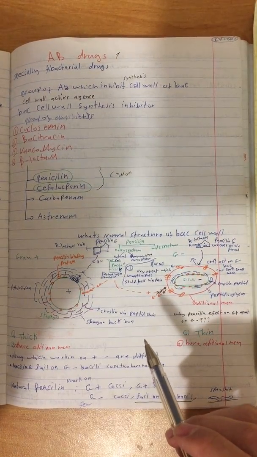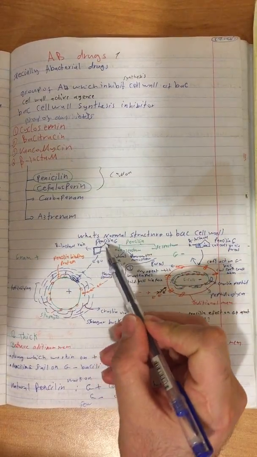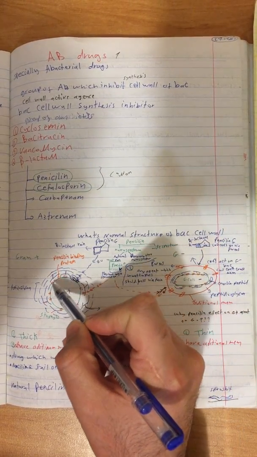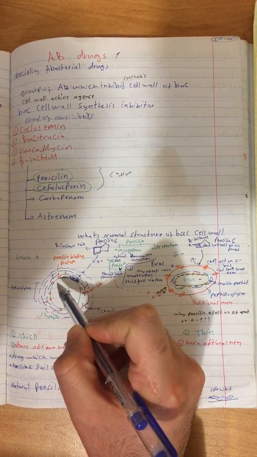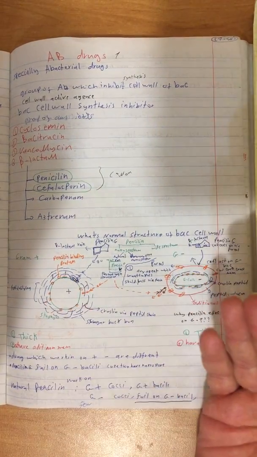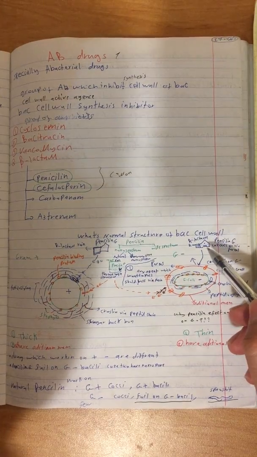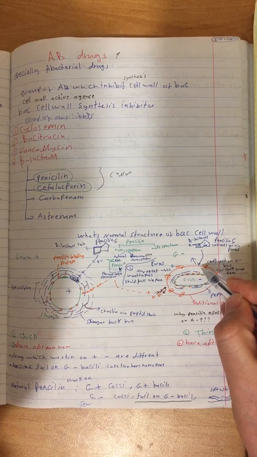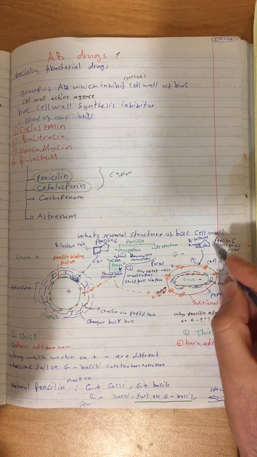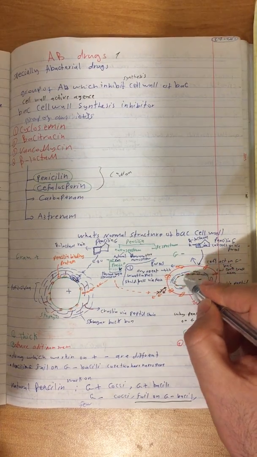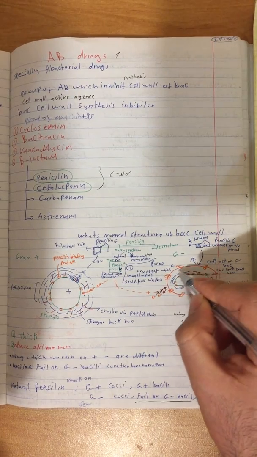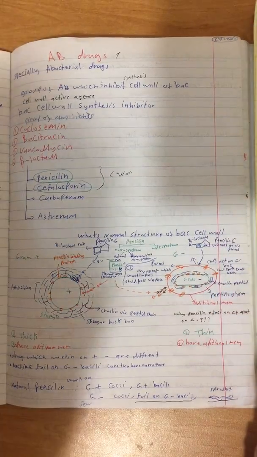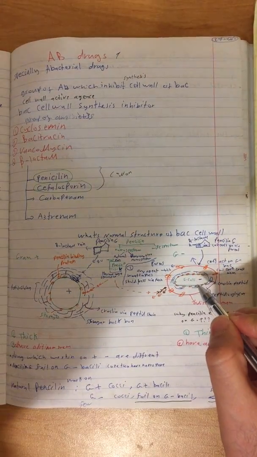As I drew for you here, penicillin G can come and cross the pore, bind with the penicillin binding protein and kill the bacteria. But here, when penicillin comes to gram negative bacteria, it has no effect because of the additional membrane. So penicillin will not act on gram negative bacteria.